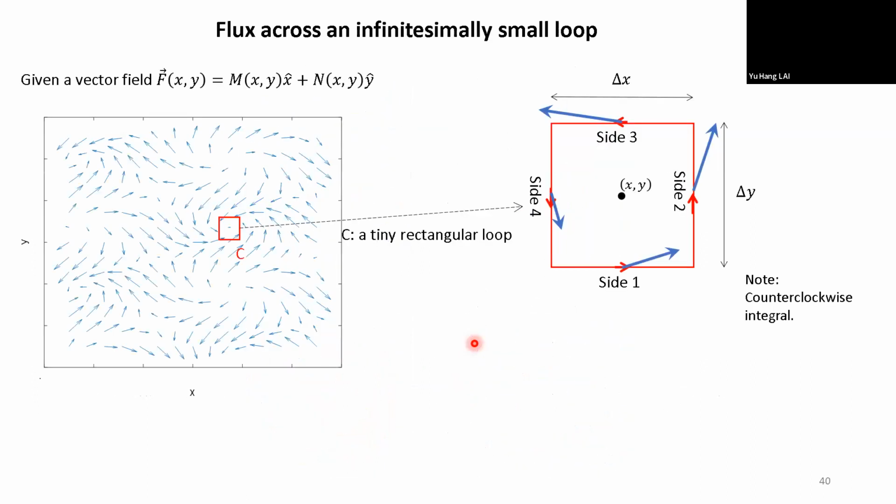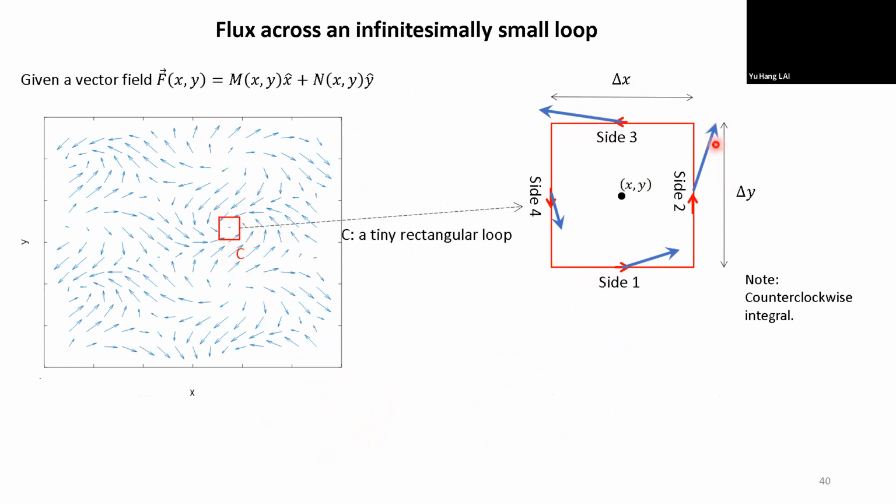So next, again, we are going to consider a very, very small loop here. I'm considering a loop again of length dx and width dy.